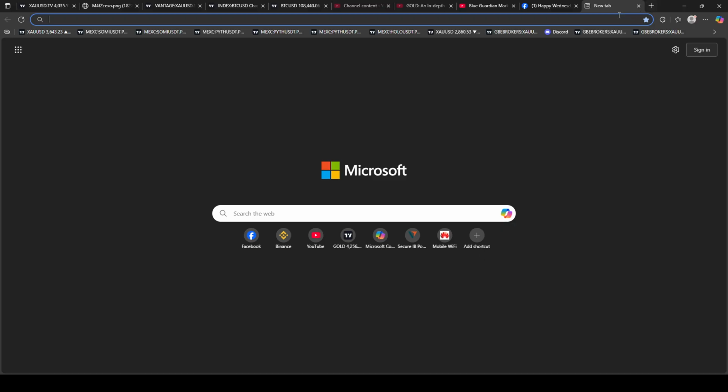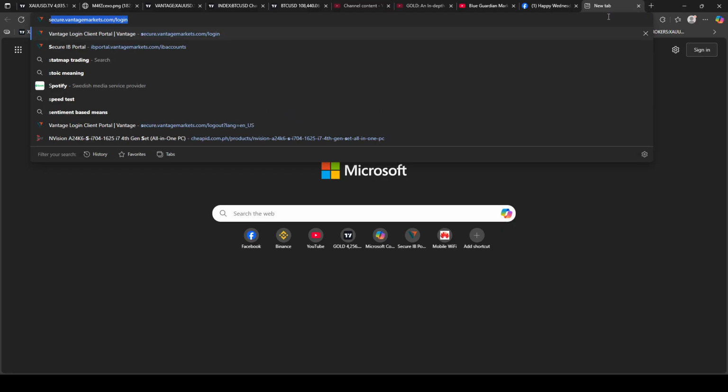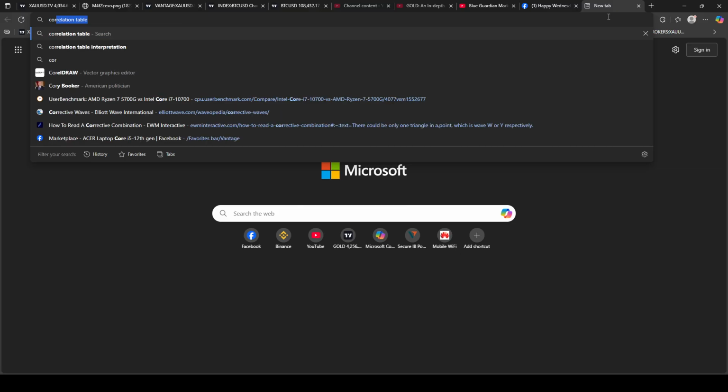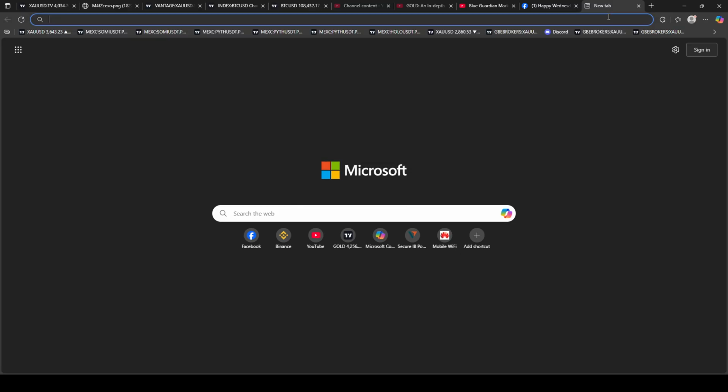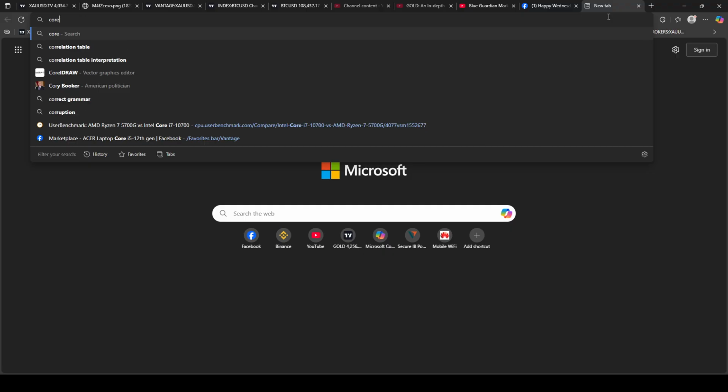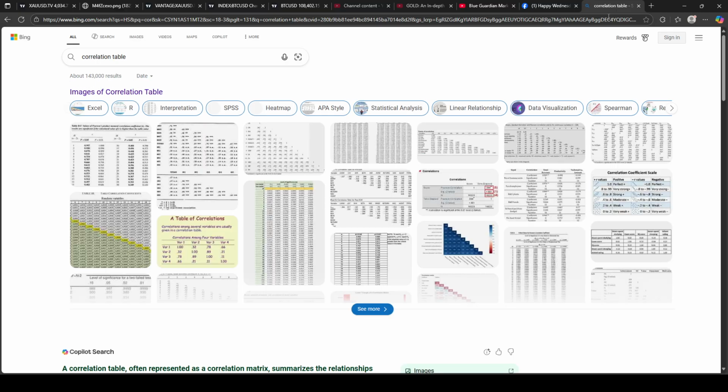And in statistics, according to the correlation table, a correlation is considered strong if we have the following values.